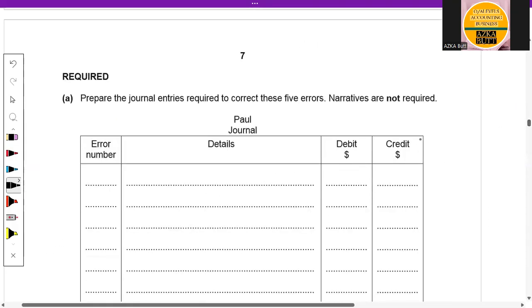So the first error: purchases 140 debit and office equipment credit.